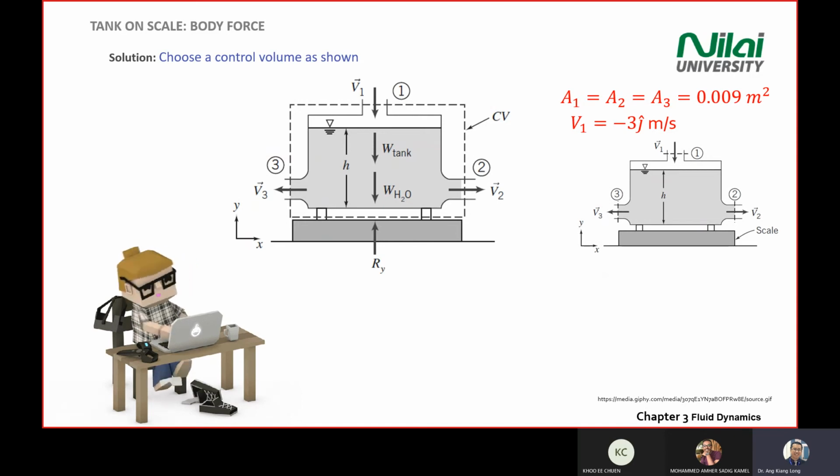First step, you copy the diagram into your answer sheet. Then you draw the control volume in your answer, right? So with this diagram and the control volume, you will score at least 1 to 2 marks just for drawing the dashed line for the control volume.